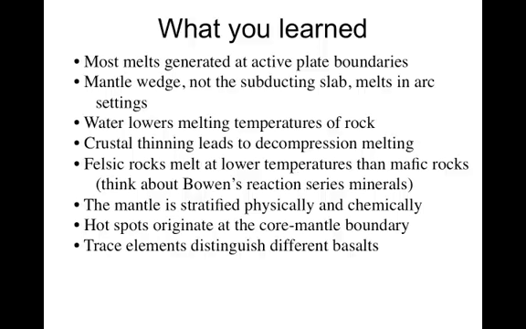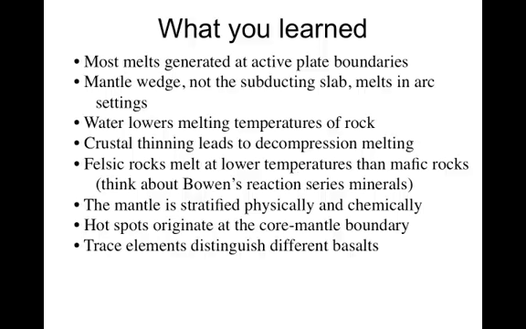Crustal thinning leads to decompression melting. So when you thin the crust in either a mid-ocean ridge or a continental rift, you are lowering the pressure on the underlying mantle, and that lowers the melting temperature of the mantle. Felsic rocks melt at lower temperatures than mafic rocks. That's why we're able to melt continental crust with small amounts of fluid in the Himalaya.